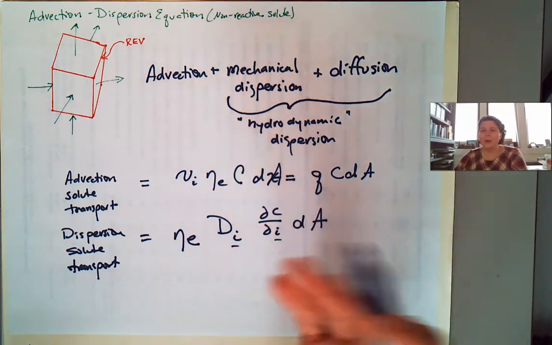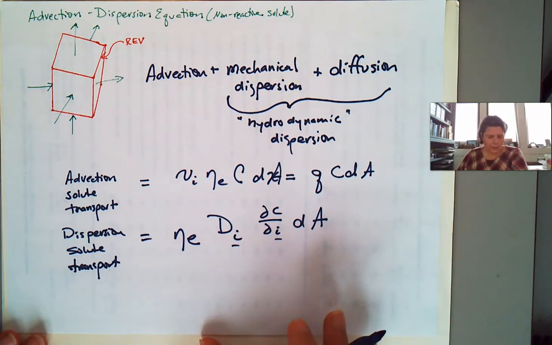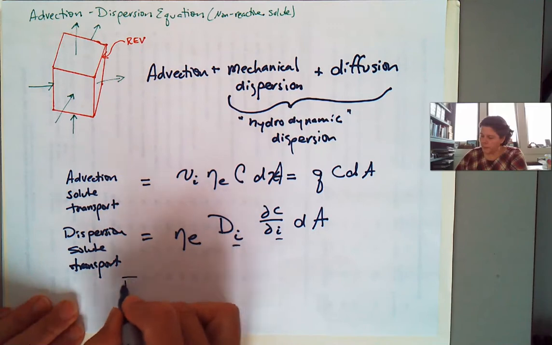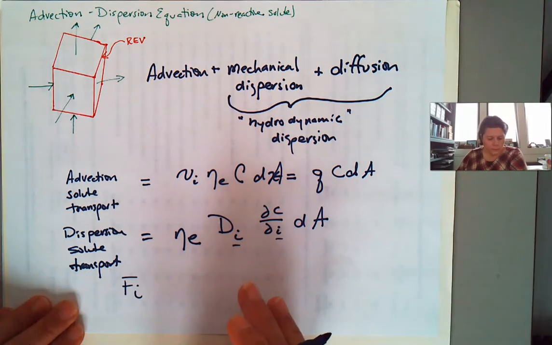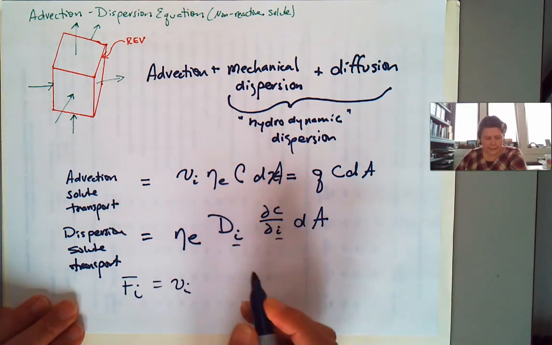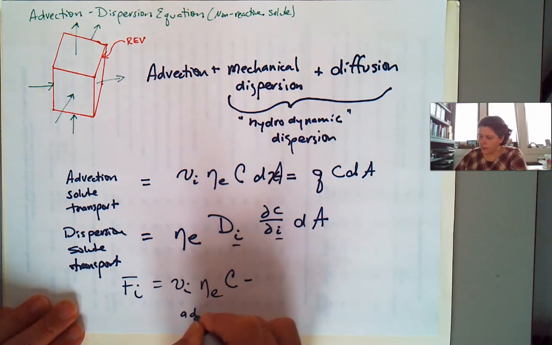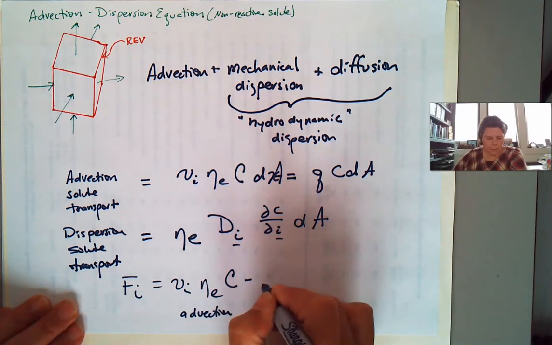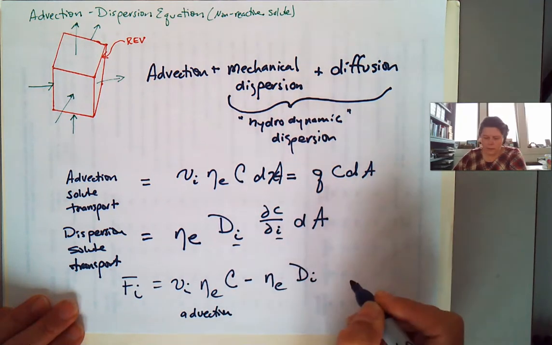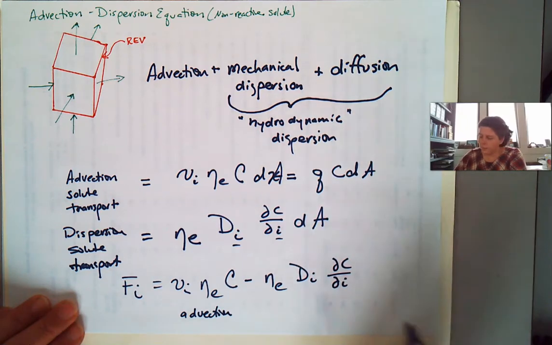Okay, so a lot of this is dependent on your aquifer. If we look at this, we get the steady state condition, F in some direction, equals the velocity times the effective porosity, C, so this is our advection part of it, minus the effective porosity, our diffusivity, and our change in concentration over the change in the direction.